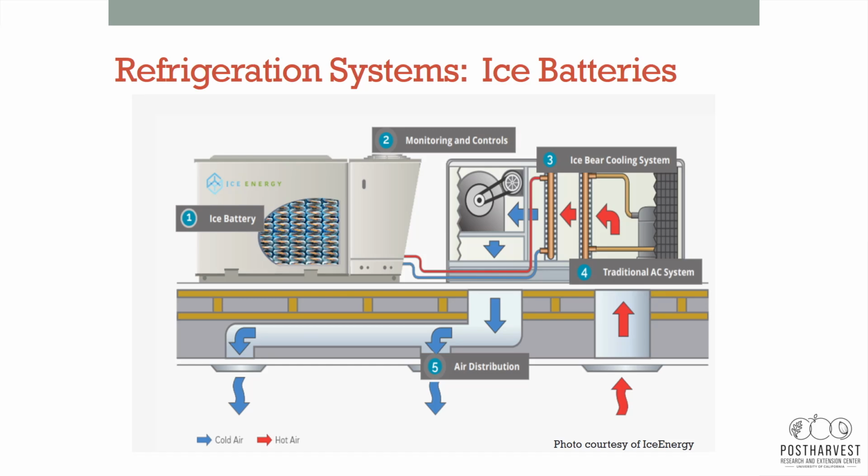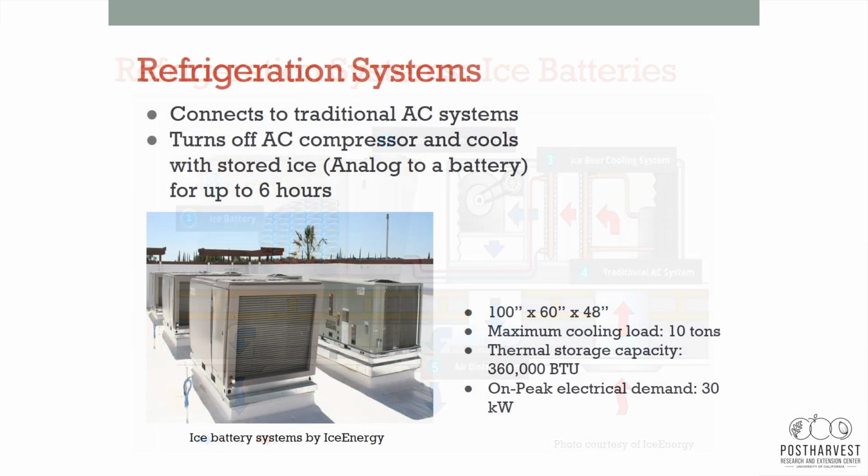When you do not need cold, you can keep ice in these batteries, and as you need it during the day, you can pump air through that ice and distribute it through the refrigeration room. In some cases, comparatively speaking with traditional systems, you can reduce the energy consumption exponentially.